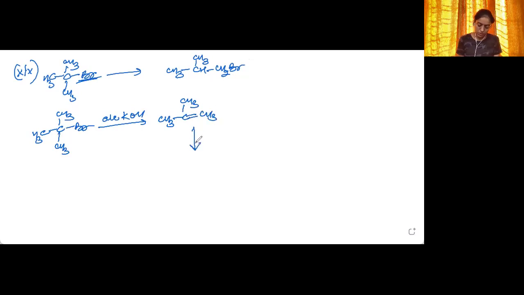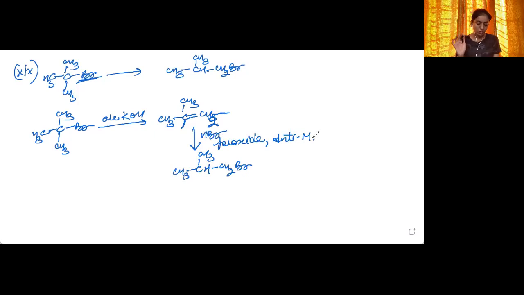Now it is CH2, sorry. You need to have bromo here and hydrogen here, so you will be treating it with HBr. And now you need to find whether it will be according to Markovnikov's rule or anti-Markovnikov's rule. It will be under the effect of peroxide, so it is anti-Markovnikov's rule.